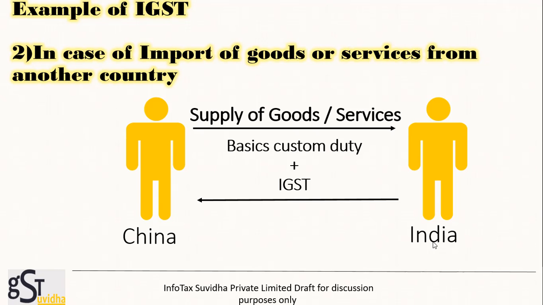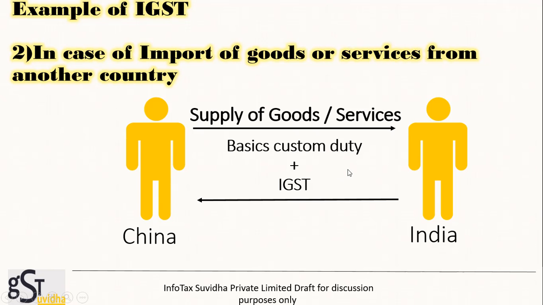Example of IGST in case of import of goods or services from another country. Suppose there is a person in China who is supplying goods or services to any other person in India. So the tax that will be levied in case of import of goods will be basic custom duty plus IGST.